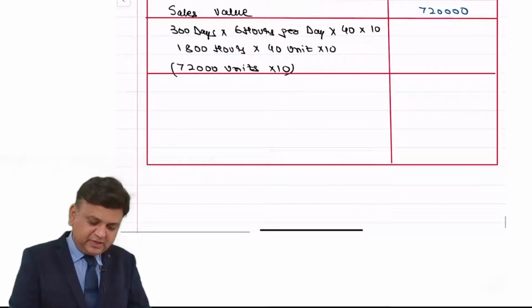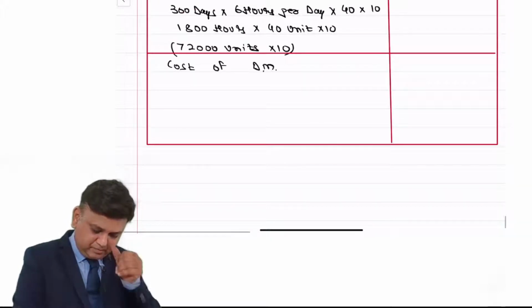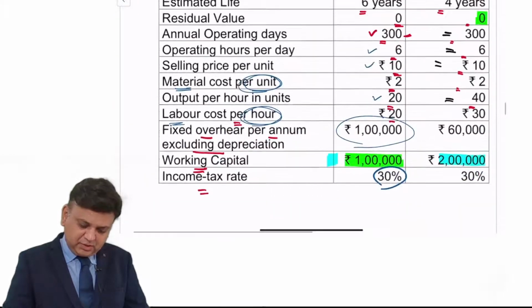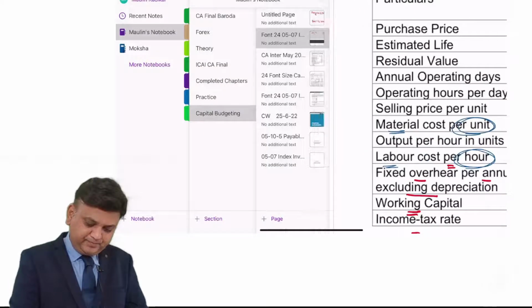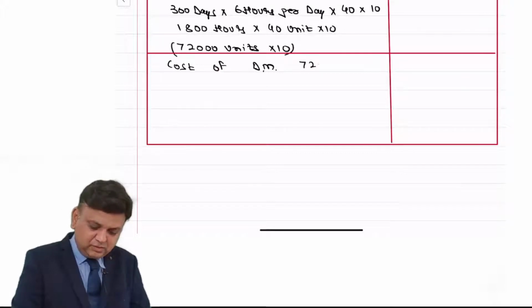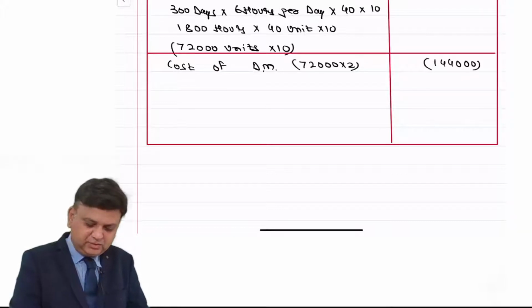Next is cost of direct material. Friends, the question is providing the information that the cost of the direct material is 2 rupees per unit. So we understand that it is 72,000 into 2. That comes to 1,44,000.